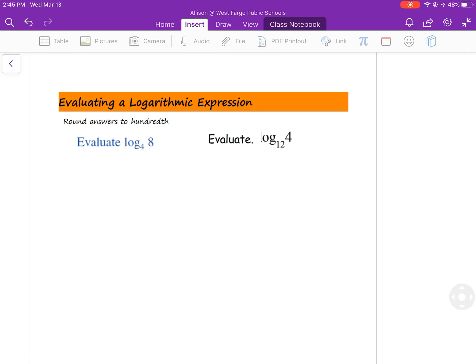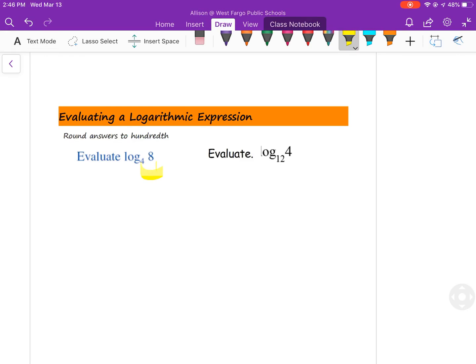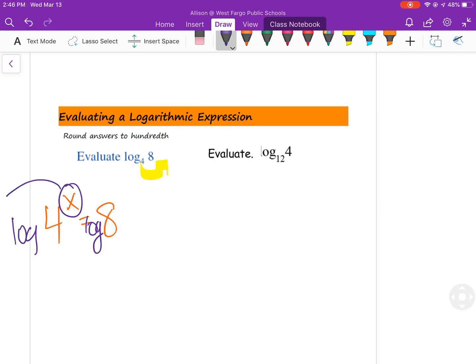When you have a log of a base that's not base 10, you can either exponentiate each side or rewrite it in exponent form. So like this one, 4 to the x power equals 8, and then take the log of both sides and use the property of logs that says that exponent comes out front.